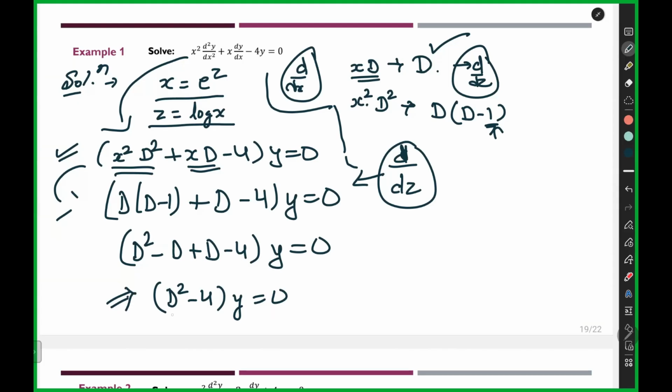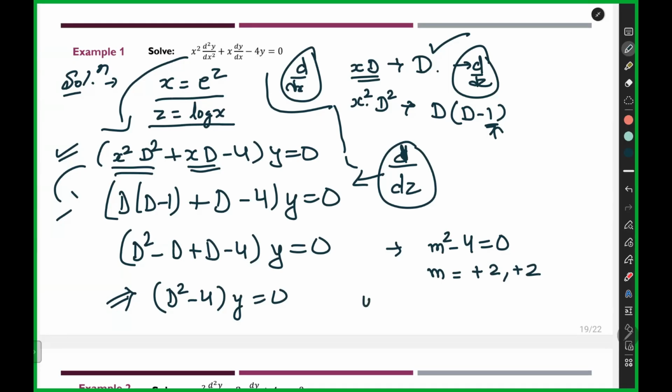This is a differential equation with constant coefficients, which we already went through in the last session. We write the auxiliary equation m square minus 4 equals 0, and look for roots. So it is plus 2 and minus 2.